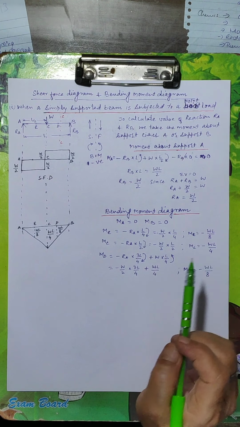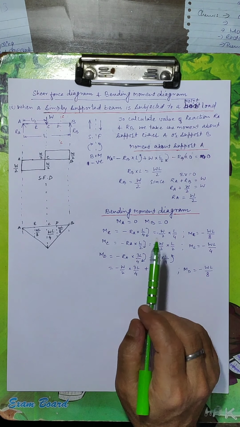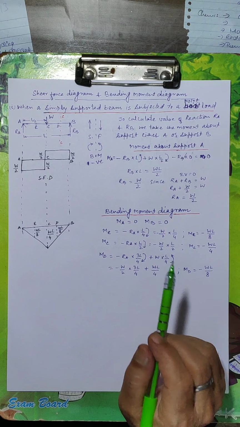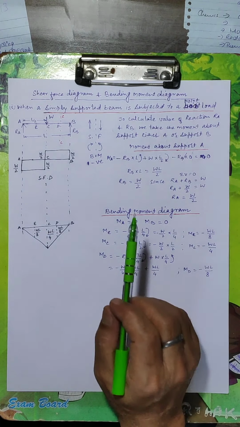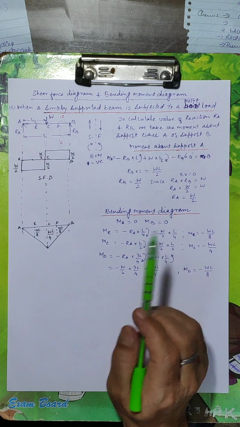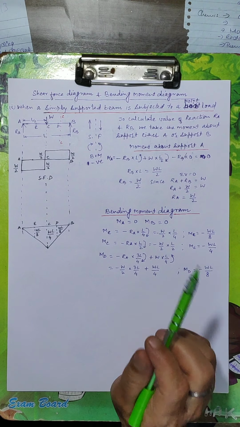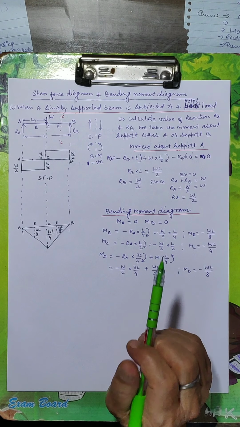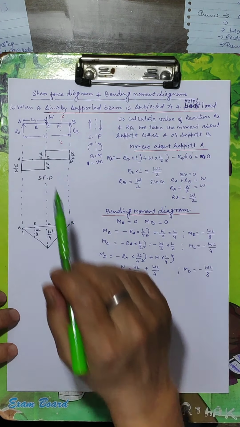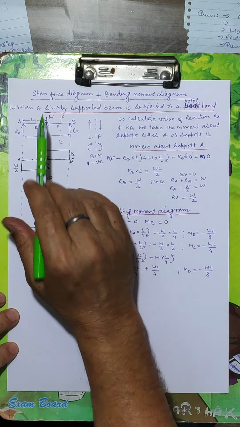Types of supports: roller support, hinge support, fixed support. Types of beams: simply supported, cantilever, fixed, continuous, or propped beam.